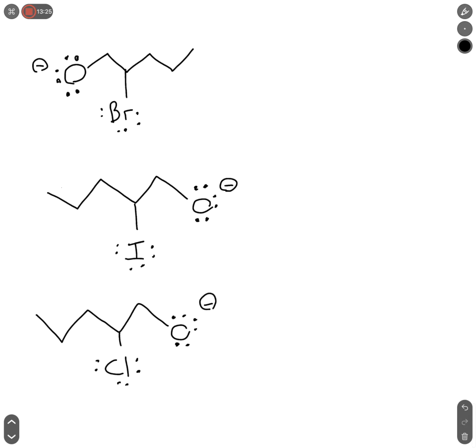Because oxygen will retain a negative formal charge from the loss of its hydrogen, the chlorine atom will pull the electron density of the oxygen towards it. So that'll be pulling it towards here, not towards the electrons, but the atom itself. So because of that, it will help spread out the charge a bit.